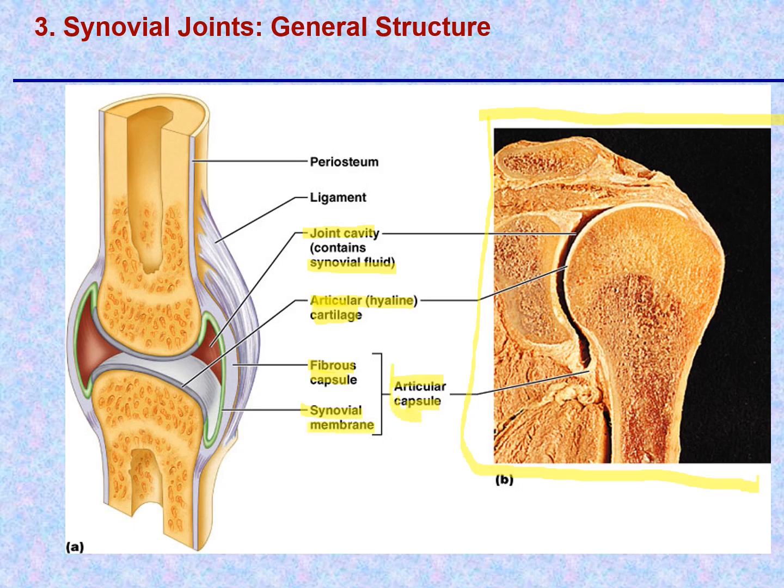All that's part of the articular capsule. And there are ligaments. They're showing one. There can be many. So ligaments, joint cavity, synovial fluid, articular cartilage, and articular capsule: 5 key general structural characteristics of a synovial joint.